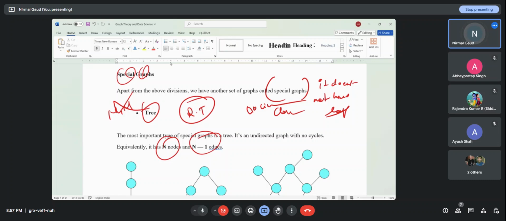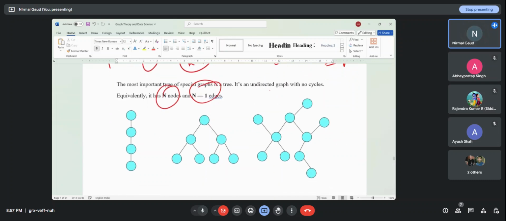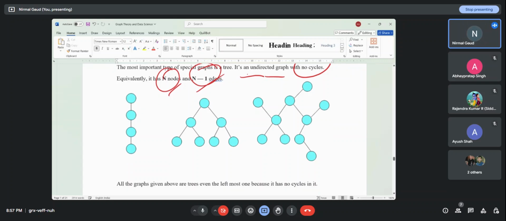According to the property of trees, it is an undirected graph with no cycle. So n nodes, n minus 1 edges, undirected graph with no cycles, and this is the relation between the number of nodes and edges.